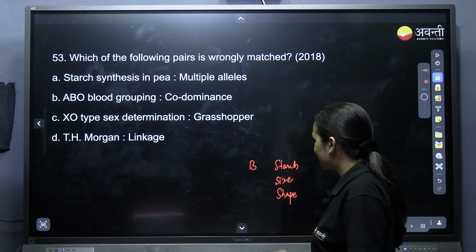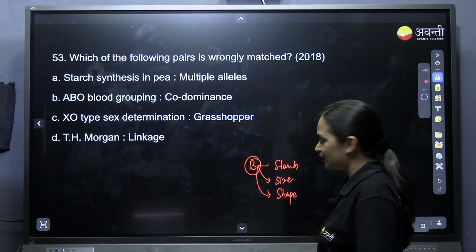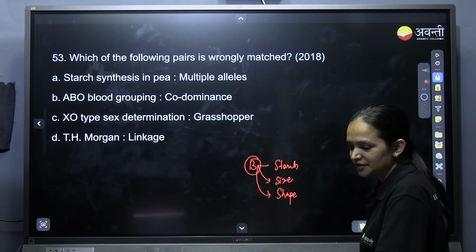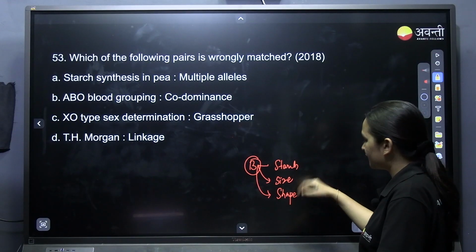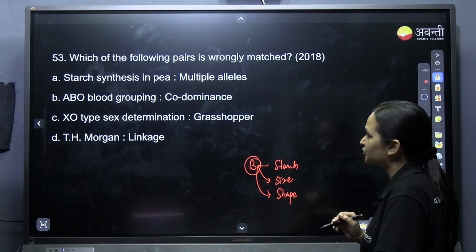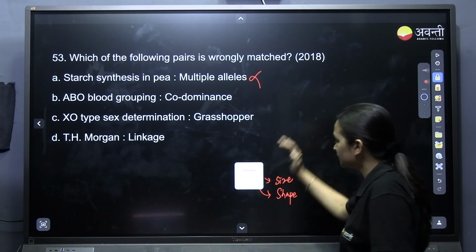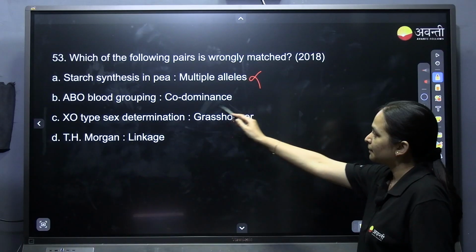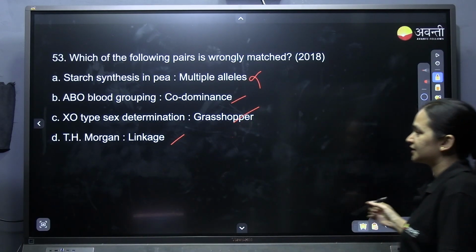So it is just one gene which is giving multiple phenotypic characters, isn't it? So yes, that is pleiotropy. Starch synthesis in pea is a pleiotropy. So this is wrong. ABO codominance, XO type sex determination, T H Morgan linkage, these are all correct.